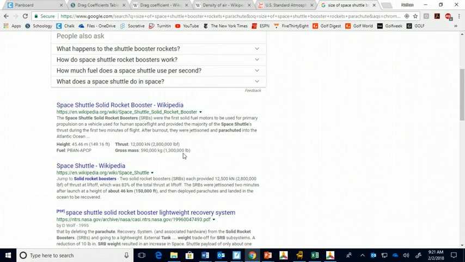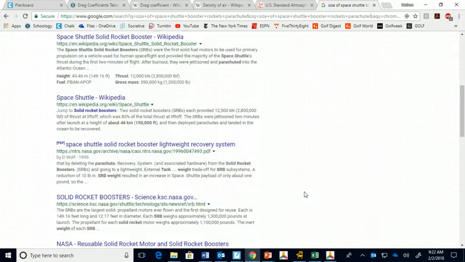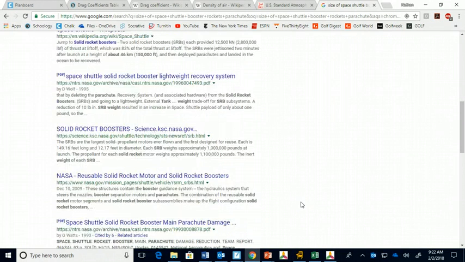Over a million pounds. Yeah, they are big, almost 150 feet tall. No quick, easy answer for you. Got to be at least like 50 feet wide. Yeah, easily. They were humongous. We could find it.